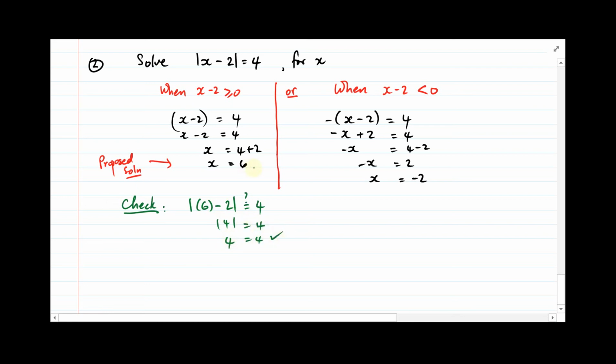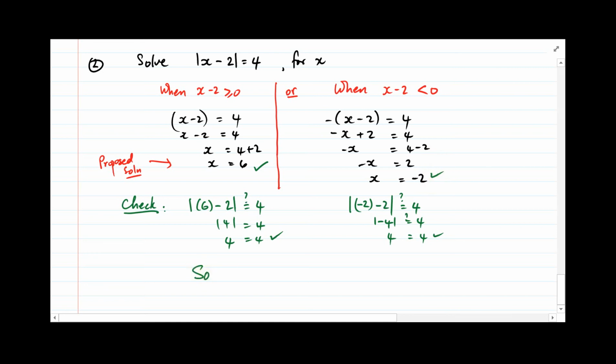And so I am happy with that solution. Going on the other side, again, remember the substitution occurs in the original equation. And I have absolute value of -4, is this equal to 4? And yes, it is. Absolute value of -4 is 4. So both solutions are true.